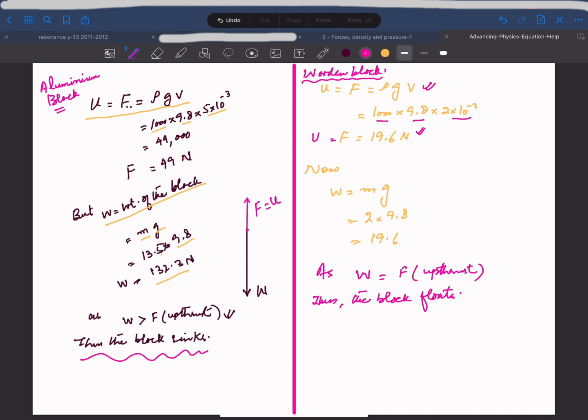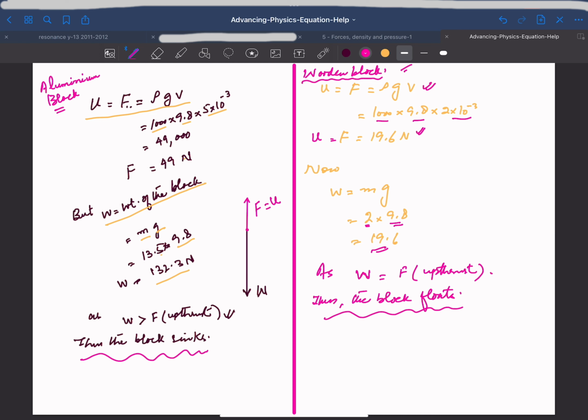Obviously here you have the upthrust. So what will happen when you calculate the weight? The simple thing is that you have 2 kg multiplied by 9.8, so you get 19.6. So in the case of the wooden block, we have the situation that the weight is equal to the upthrust, and when you have this situation, the block will float.